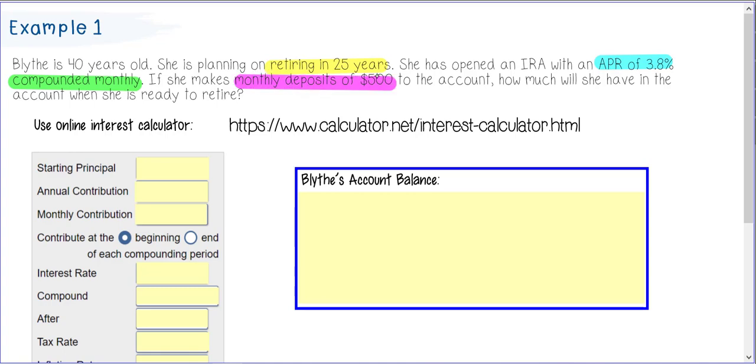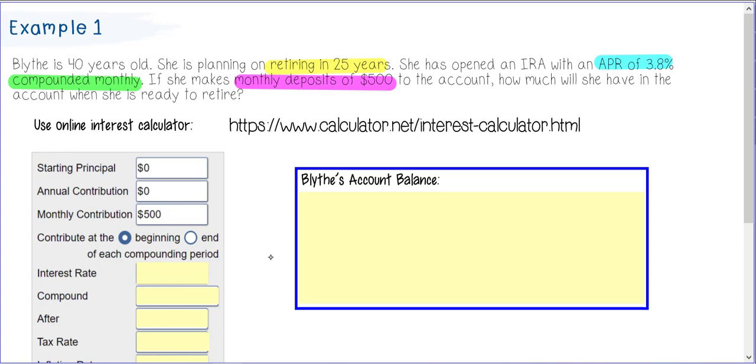In this instance, we don't have a starting principal because we're making monthly deposits. We don't have an annual contribution. We have a monthly contribution, so for this one, we're going to enter $500 monthly.